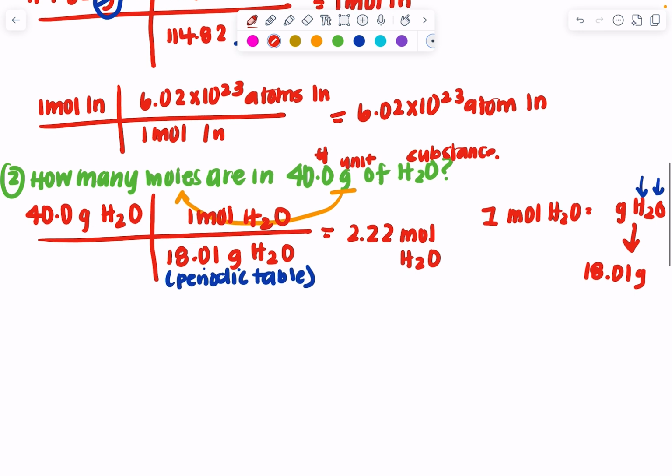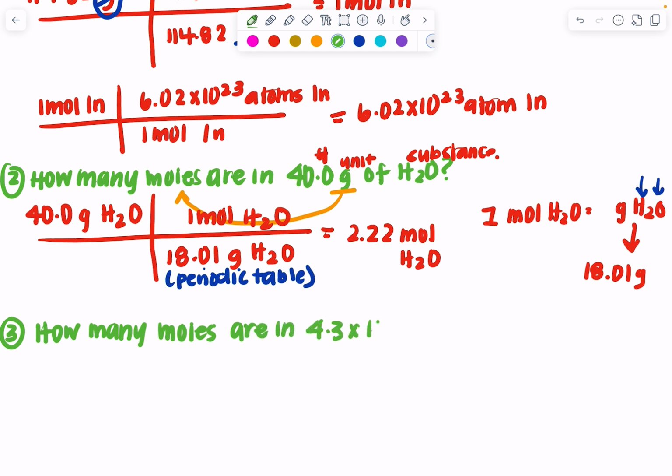Okay, let's do another example. And let's do how many moles are in 4.3 times 10 to the 22nd molecules of H3PO4.